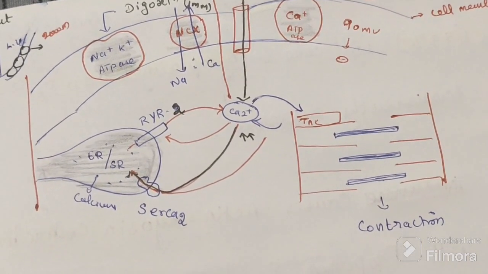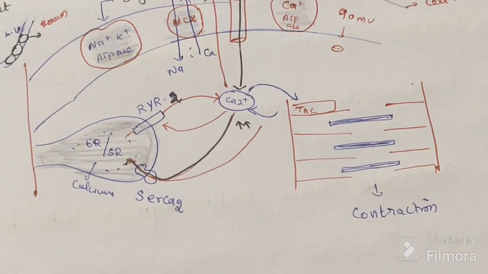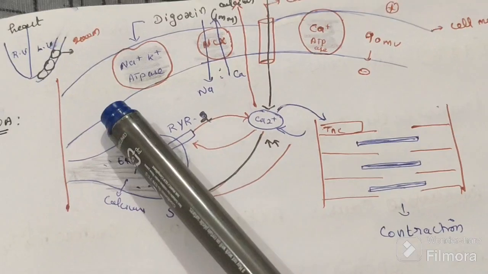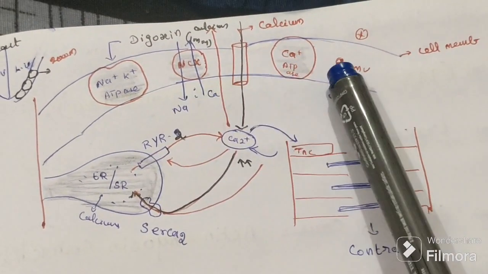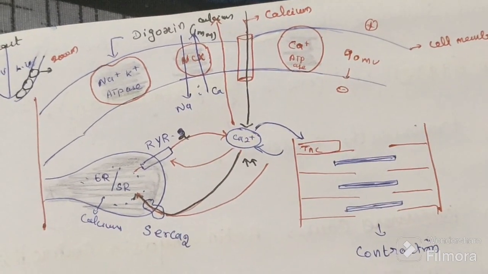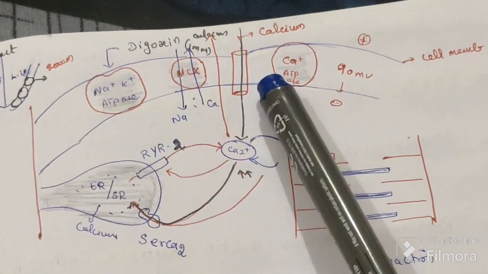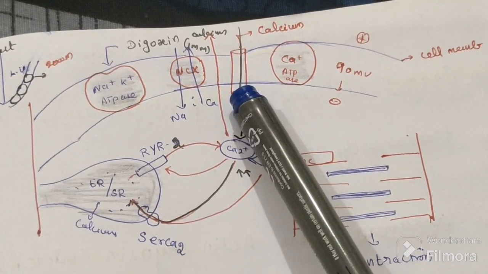How does systole take place at the cell membrane? On the cell membrane we have various transporters. First transporter is the calcium channel.